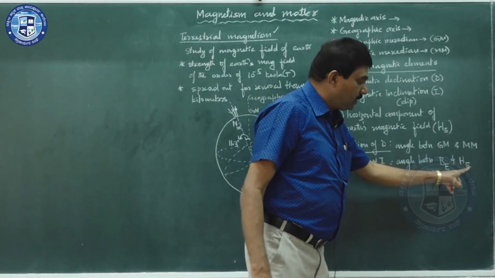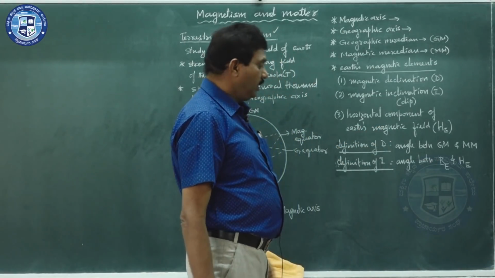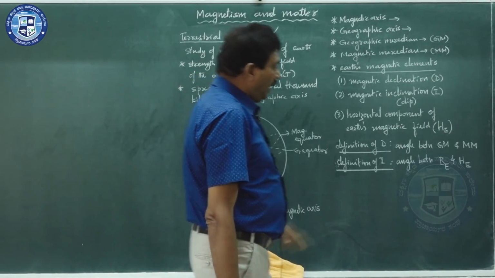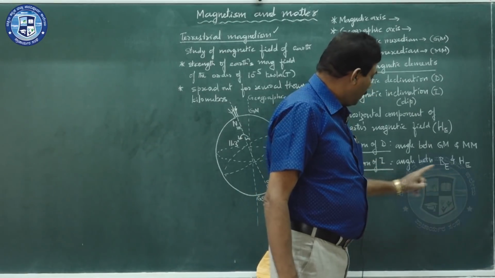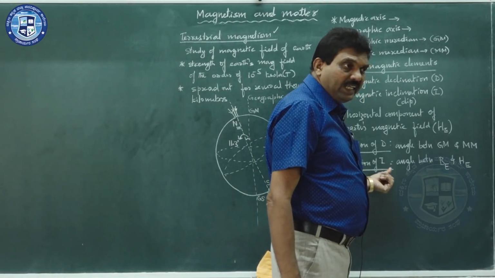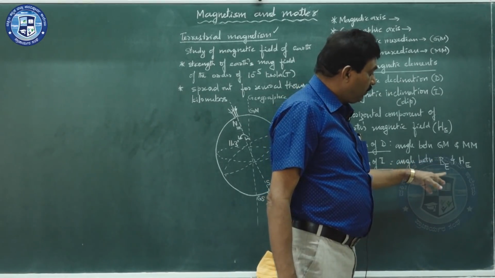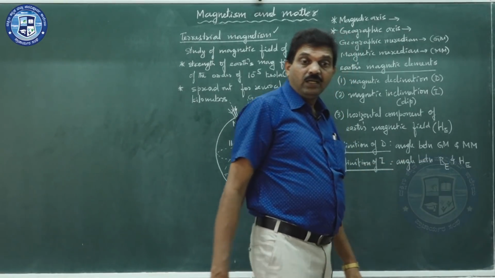Horizontal component of Earth's magnetic field is here. Total magnetic field of the earth is BE, that is the definition of I. HE, as told here, is the horizontal component of the total magnetic field. So, angle of inclination is the angle between the total magnetic field of the earth and the horizontal component of the Earth's magnetic field.